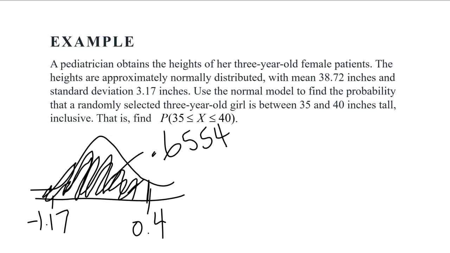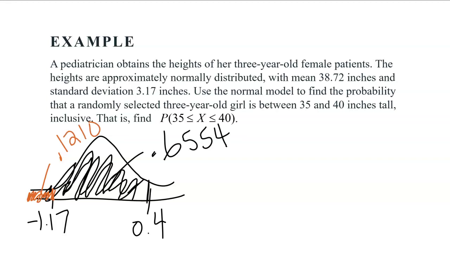And then I'm going to change my color here and make it orange. And that other value we got, 0.1210, is this part right here, the part that's in orange.